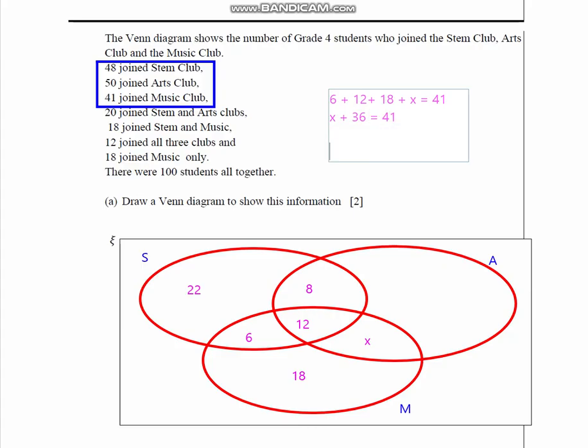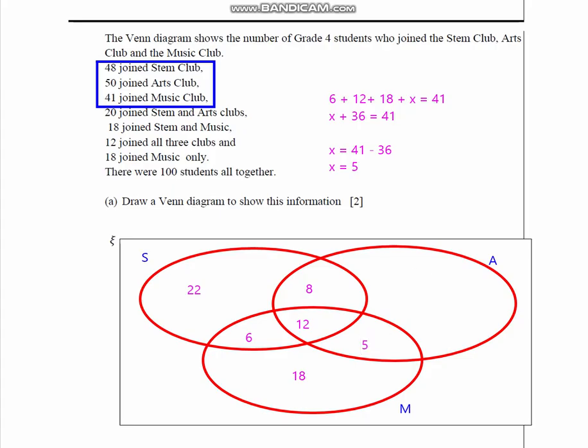Then subtracting 36 from both sides, x is equal to 5. Now let's replace x with 5.